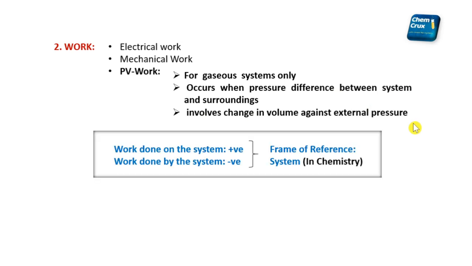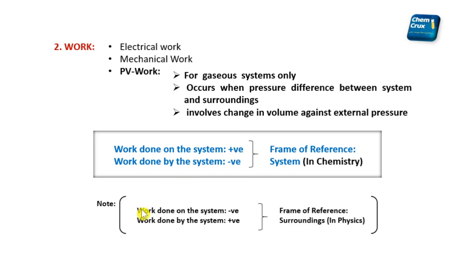Coming to sign conventions, you can see work done on the system is positive and work done by the system is negative. Also you can see I have mentioned the frame of reference that is used in chemistry. So the frame of reference used in chemistry is system. Now if you have already studied thermodynamics in physics, or eventually while you will be studying thermodynamics in physics, you will find that the sign conventions are exactly opposite to that used in chemistry.